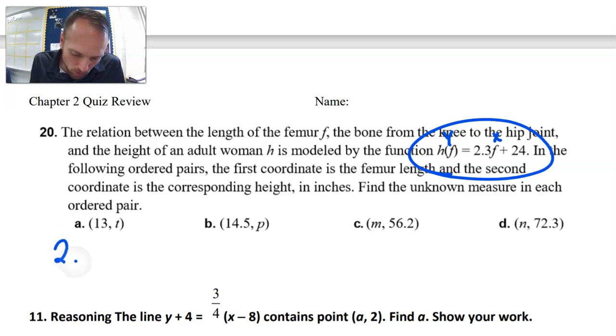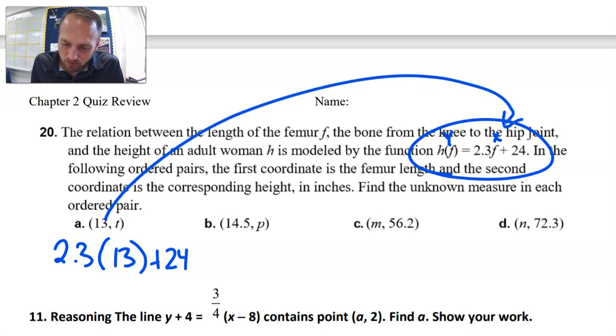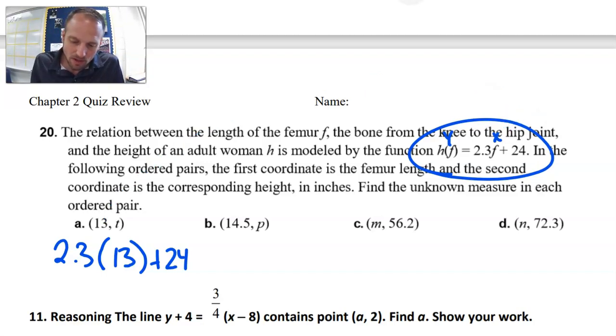So all we have to do is come over here and put 13 in for X. So 2.3 times 13, because 13 is your X, plus 24. All right? So I plug 13 into this equation for F. That's all we're doing. So let's go ahead and do that. 2.3 times 13 plus 24. And if there's no variables in there, we can just use our calculator. 53.9. That's what we're going to get for that.